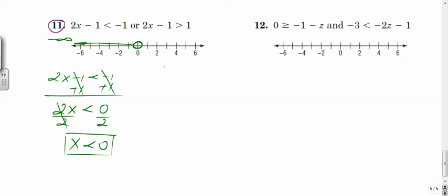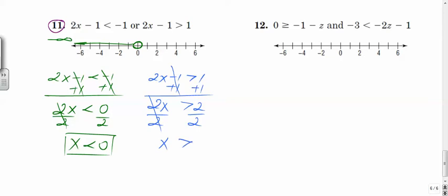The second one, 2x minus 1 greater than 1. You add 1 to both sides, and you have 2x on the left, minus 1 plus 1 cancels out, greater than 2. Next step, divide by 2. 2 divided by 2 is 1, x greater than 1.